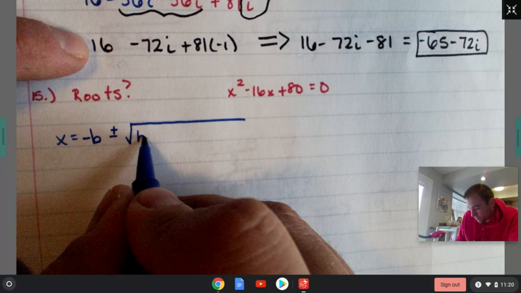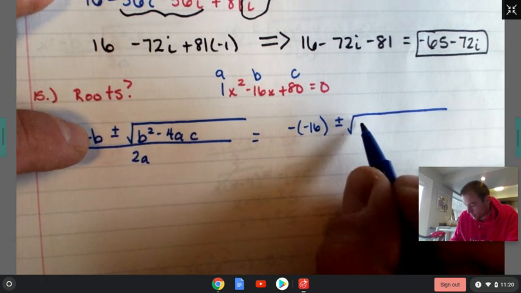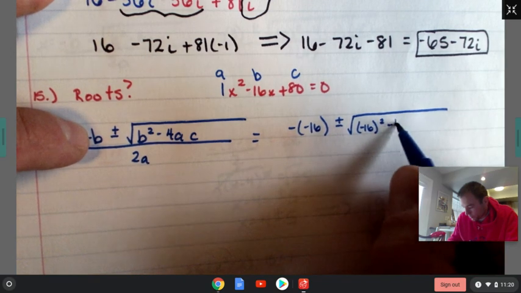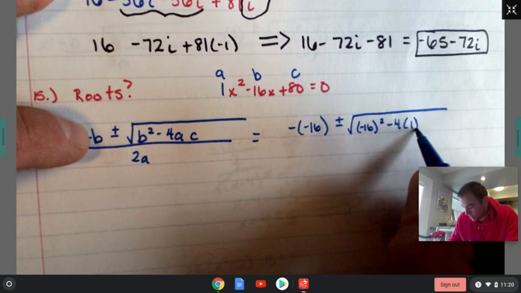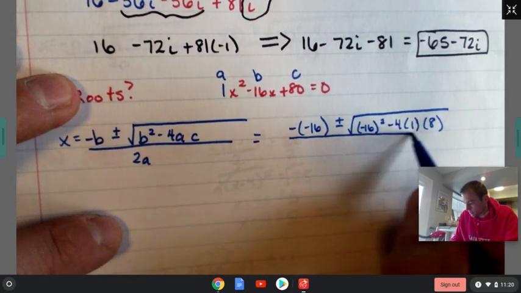All right, so let's plug all this in. x equals negative negative 16 plus or minus square root of negative 16 squared minus 4 times 1 times 80, all over 2 times 1.